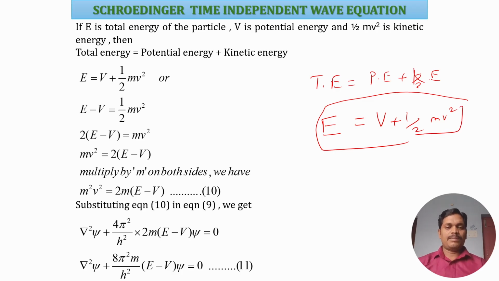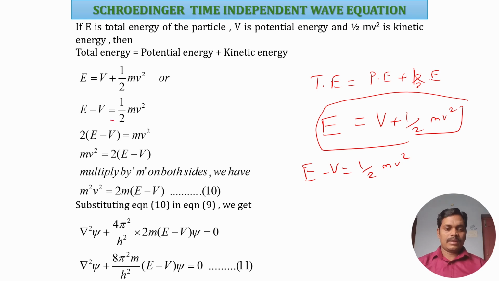So in the previous equation, we have m square v square. Instead of that, we have to substitute this m square v square. For that, we are introducing this total energy concept. So E equal to V plus half mv square, or rearranging, E minus V equal to half mv square.